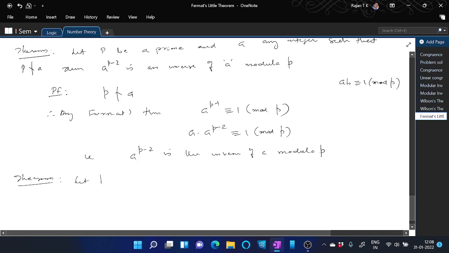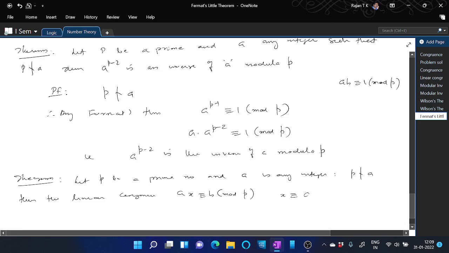Let p be a prime number and a is any integer such that p does not divide a, then the linear congruence ax congruent to b mod p has a solution which is given by x is equal to a raised to p minus 2 into b modulo p.